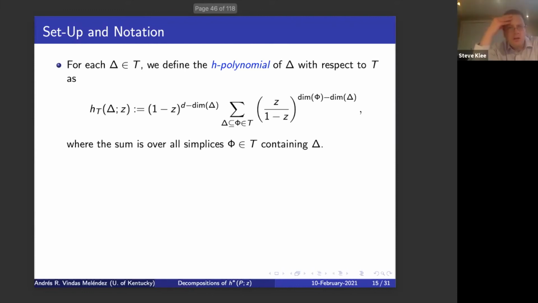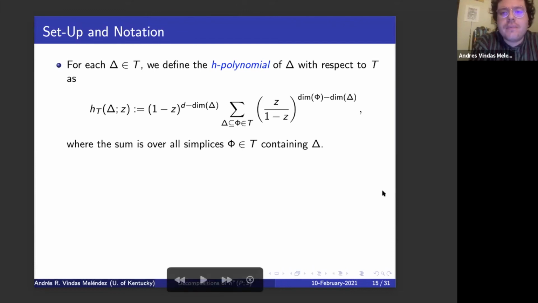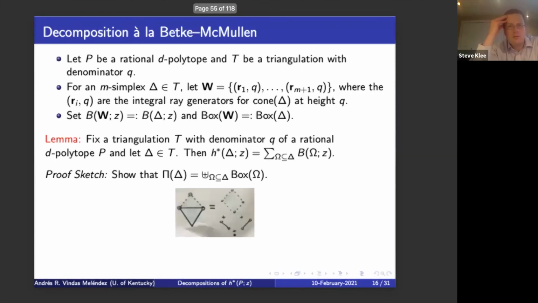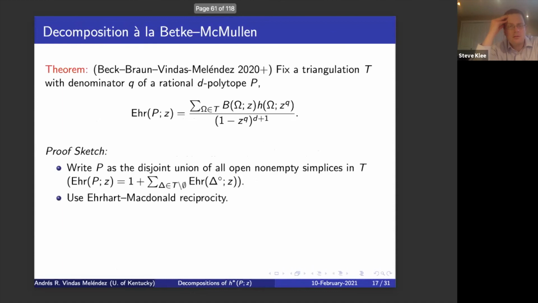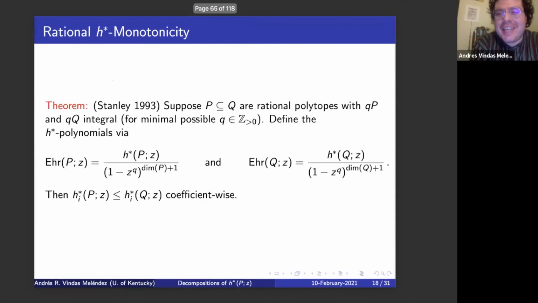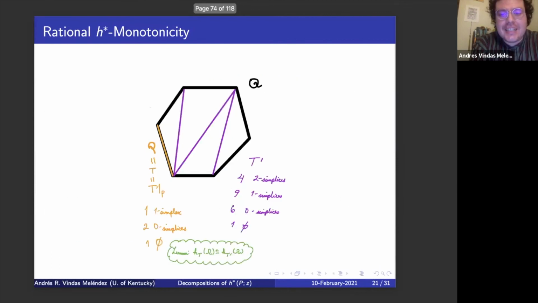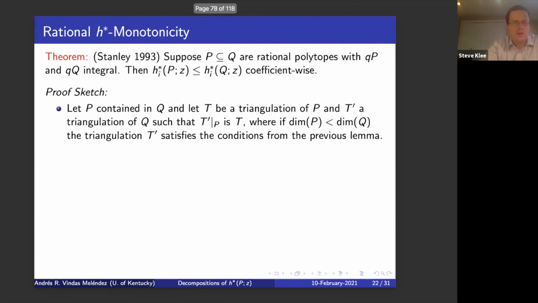I should have made that a little bit clearer. This is the H polynomial of the link. Hopefully that resolves some of the confusion that I gave you. But it is the H polynomial of the link. Okay, thanks.